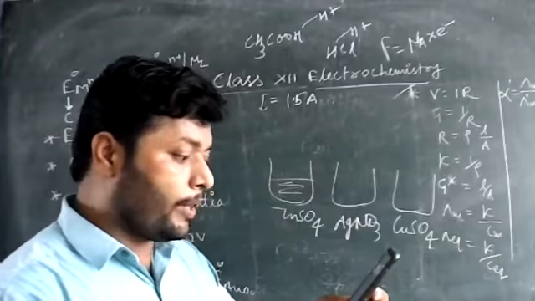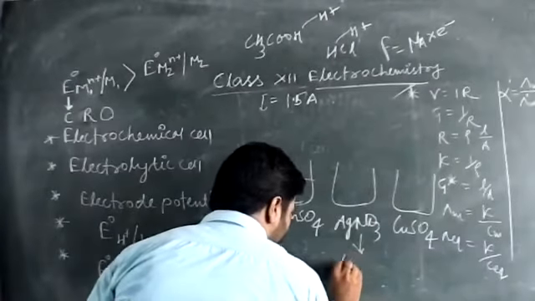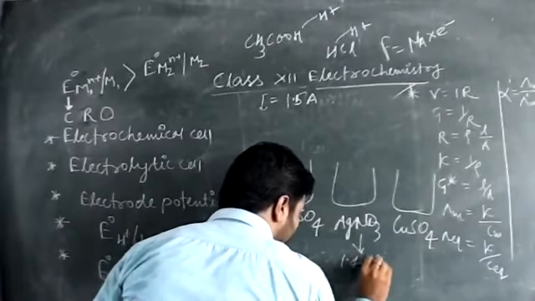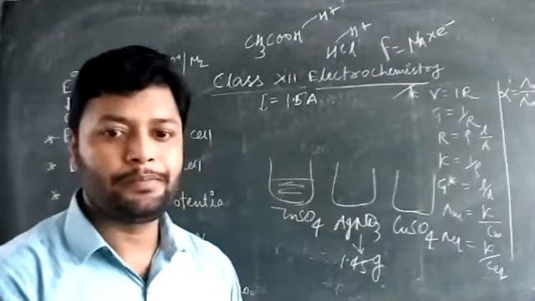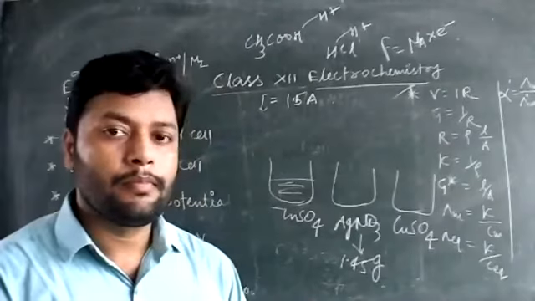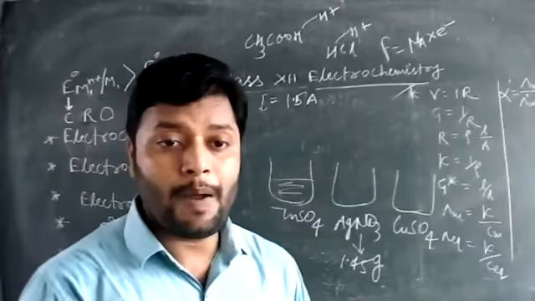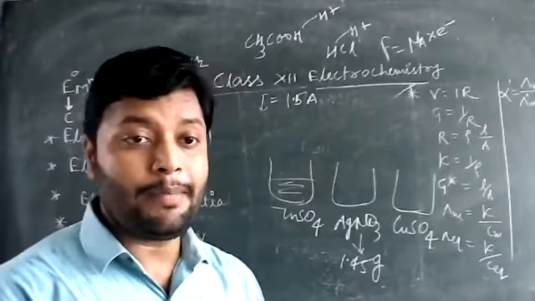And the other thing is 1.45 gram of silver deposited. Class, with the help of current, first we have to calculate the amount of charge.